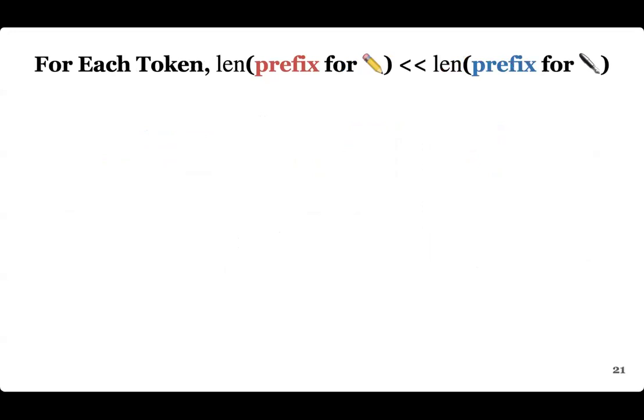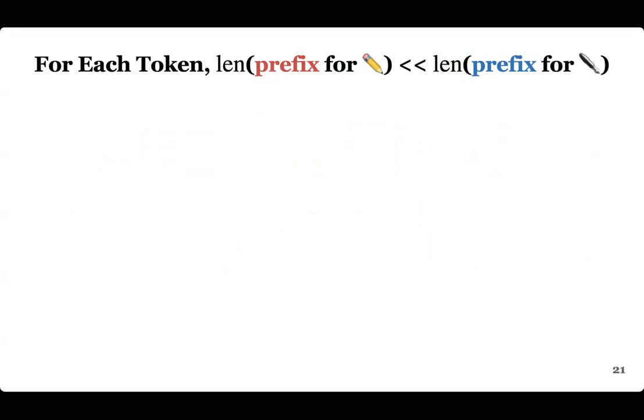Because for generating each token, the prefix for PENCIL is dramatically smaller than the prefix for chain of thought, meaning that to compute each token, the amount of compute for PENCIL is significantly smaller.